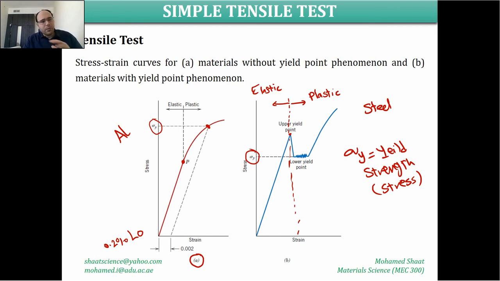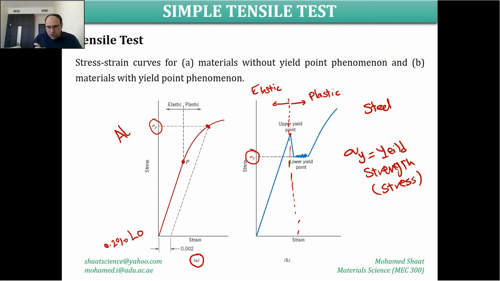Now, for most metals behaving in this way without the yield point phenomenon, how can we identify their yield strength or stress? In that case, you need to measure over the strain axis 0.2% of the original length of the material sample, which corresponds to 0.002 strain.